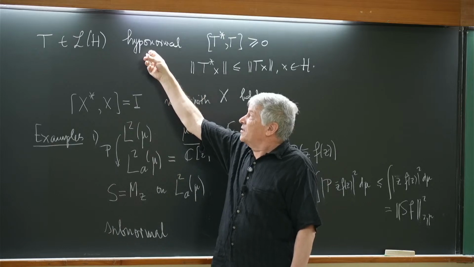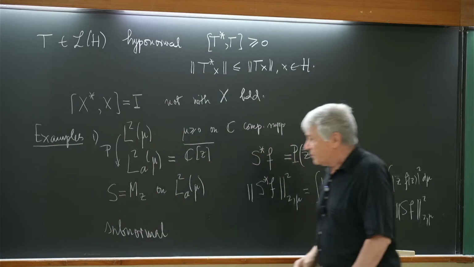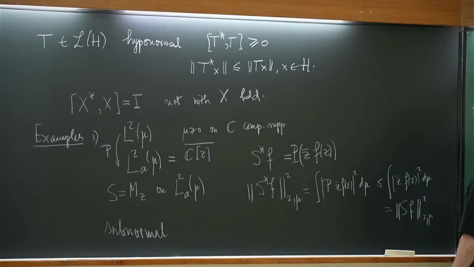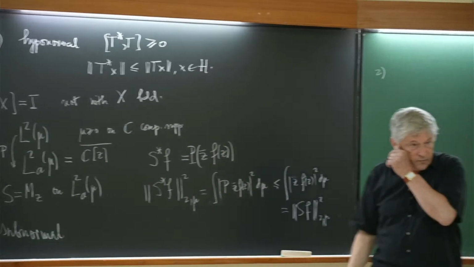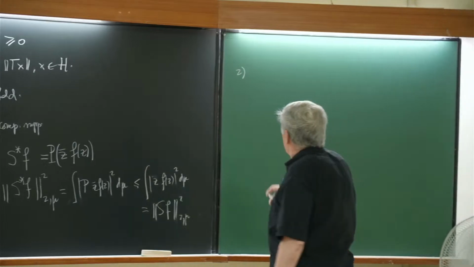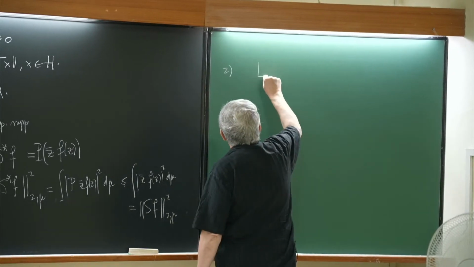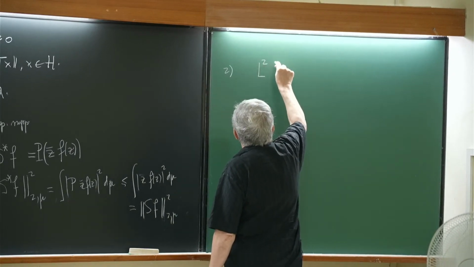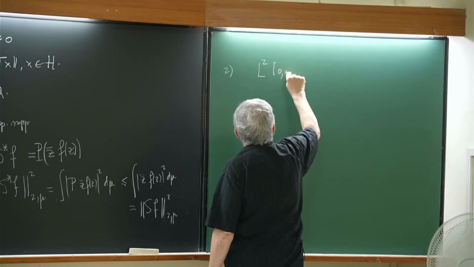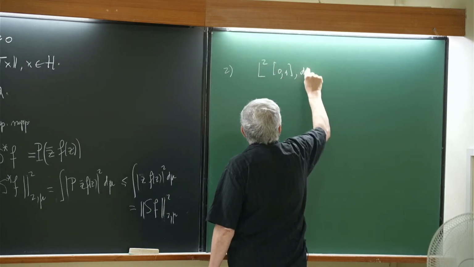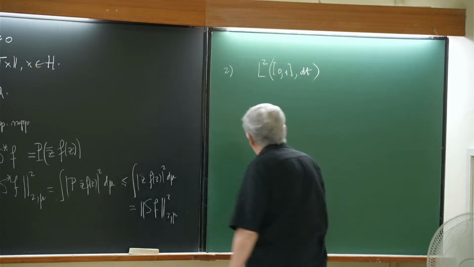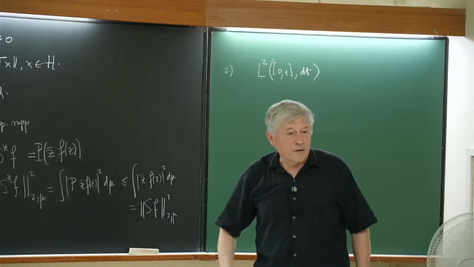So hyponormal is even weaker than subnormal. The second example is more important. Let's take L2 of 0, 1, with Lebesgue measure.